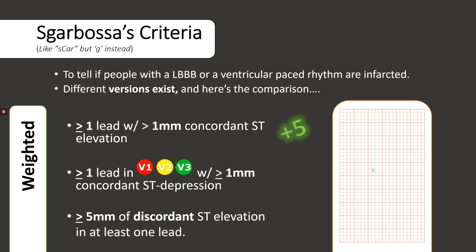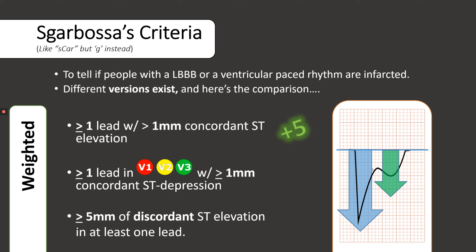Now looking at the second criteria, we have greater than or equal to one lead in V1, 2, or 3 with 1 or more millimeter of concordant ST depression. Concordant ST depression. So we draw our isoelectric line. From the isoelectric line, the QRS goes down, the T wave goes down, and because they're going in the same direction, we say that they are concordant.